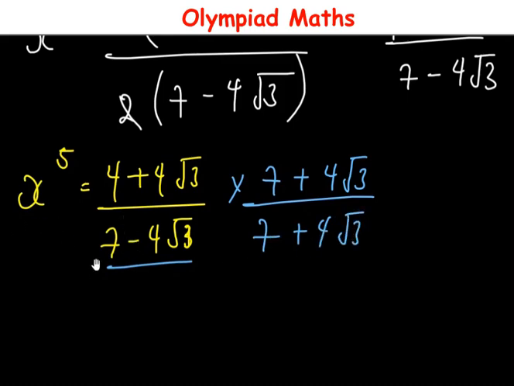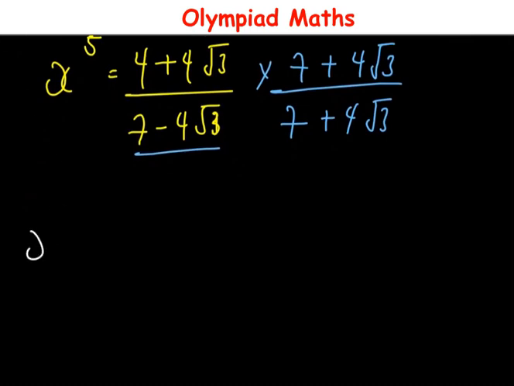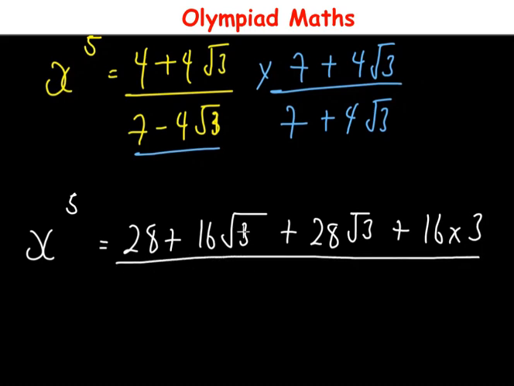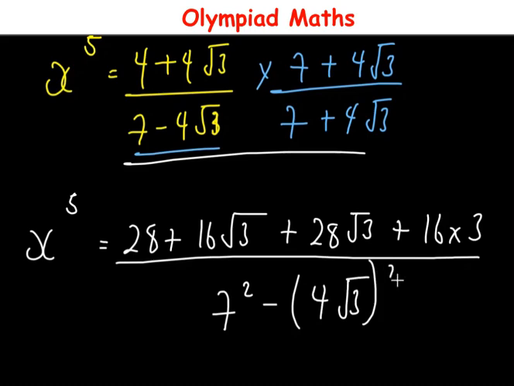If we do this, we have x raised to power 5 is equal to 4 times 7 is 28, then plus 4 times 4 root 3 is simply 16 root 3, then plus 4 root 3 times 7 is 28 root 3, then plus 4 root 3 times 4 root 3 is simply 4 times 4 is 16, root 3 times root 3 will give us 3, divided by, also multiplying this, 7 squared minus, in bracket, 4 root 3 all squared.